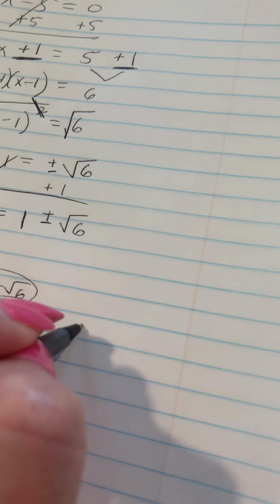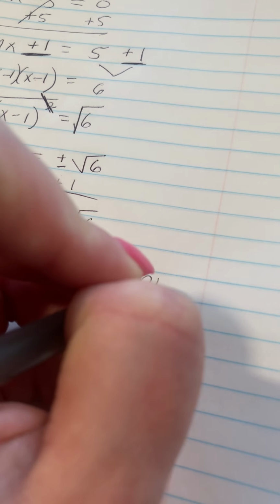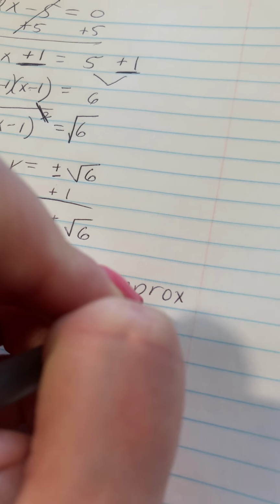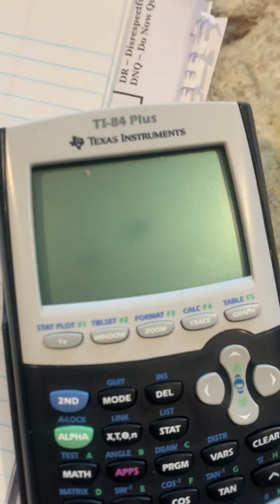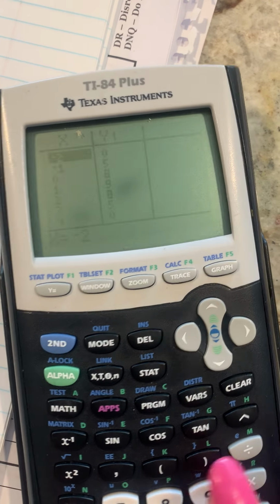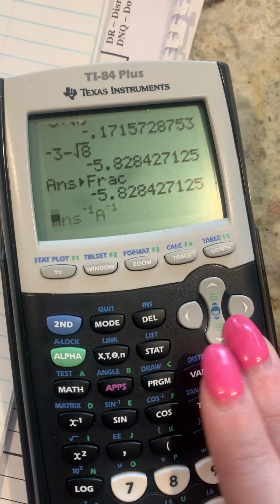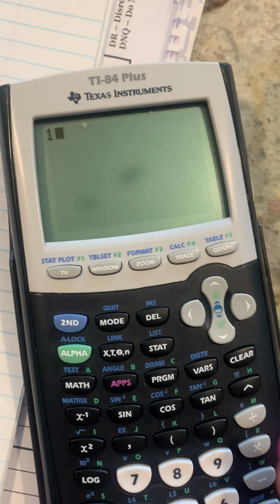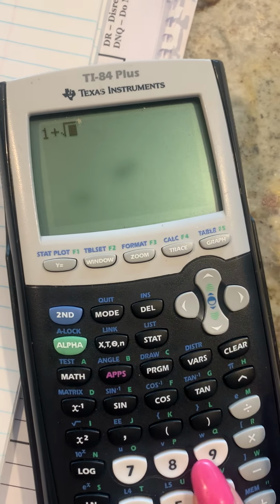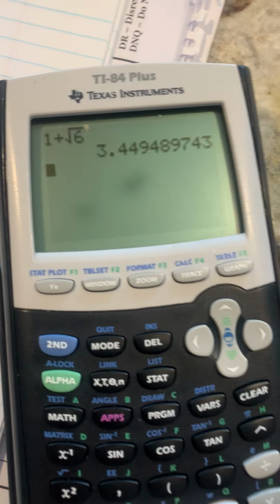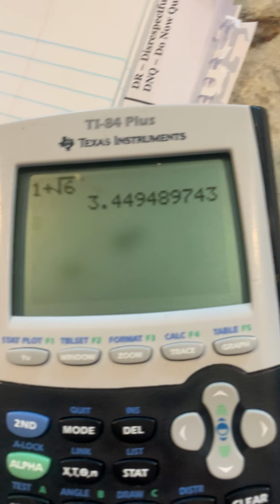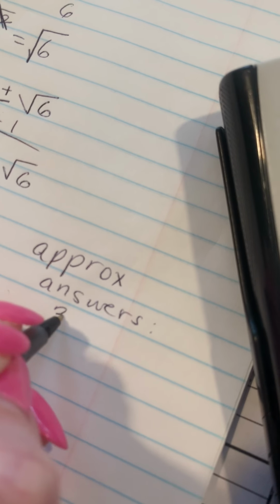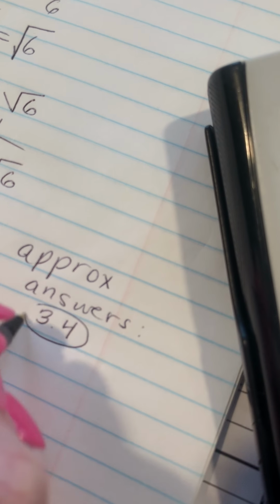My approximate answers are found by putting the exact answers into your calculator and getting decimals. So if I do 1 plus the square root of 6, that would be my approximate value, about 3.4, depending upon what they want you to round to. We'll round to the nearest tenth, but you'll round to whatever the question asks for.